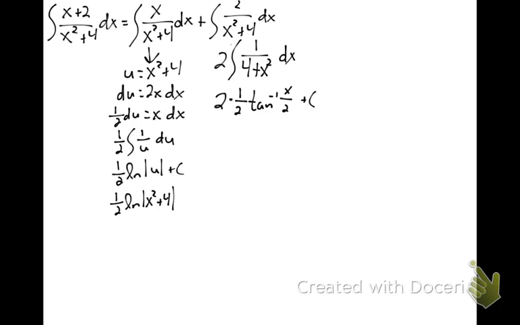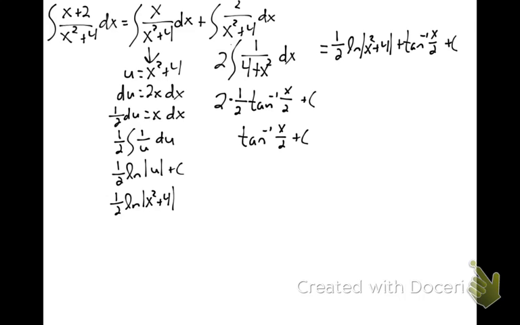Cleaning this up, we'll have the inverse tangent of x over 2 plus c. So altogether then, the entire integral is 1/2 the natural log of the absolute value of x squared plus 4, which has to be positive, plus the inverse tangent of x over 2 plus c.